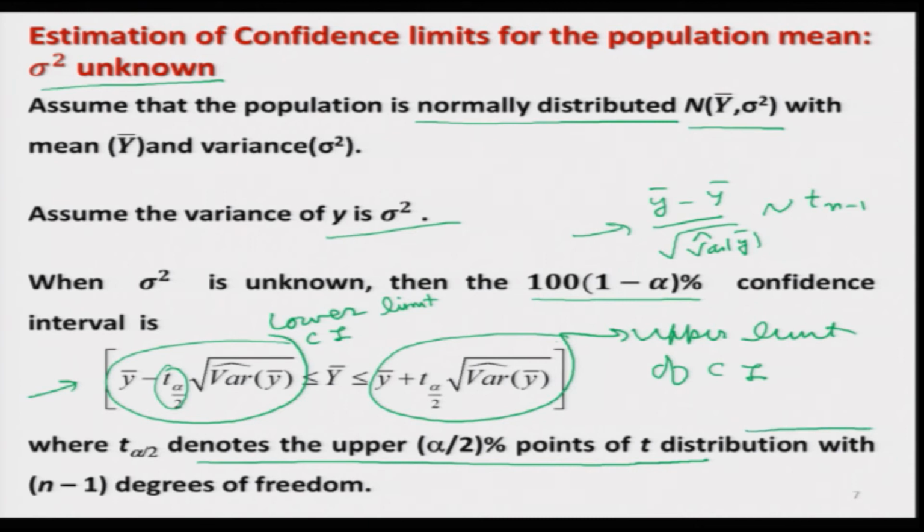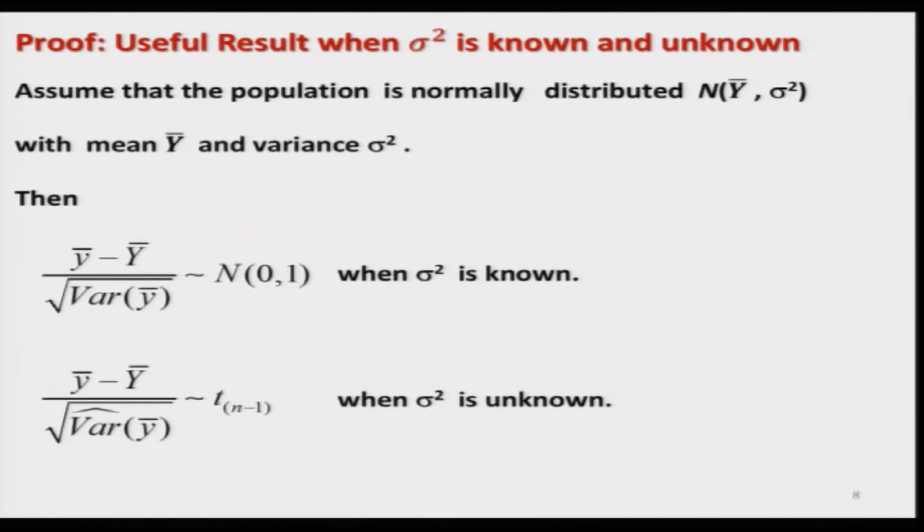The distribution of t and normal are more or less similar, and when these degrees of freedom are more than 30, then the t distribution and normal distribution become almost the same. Right. So, now you can see here we also have computed the confidence limit when sigma square is unknown to us.